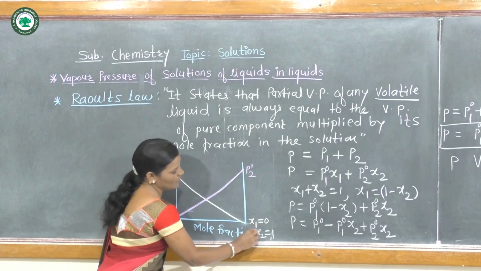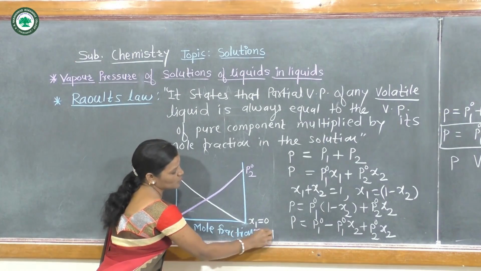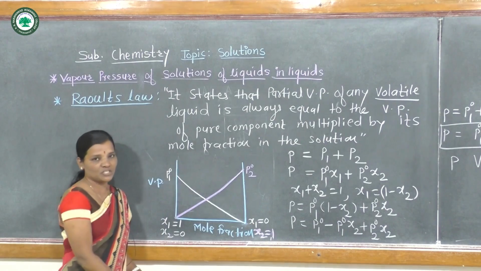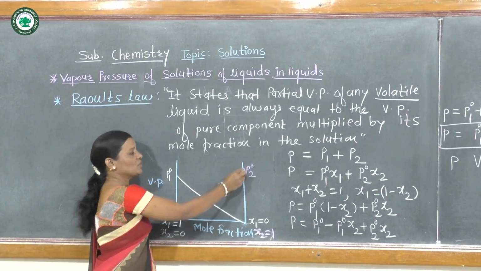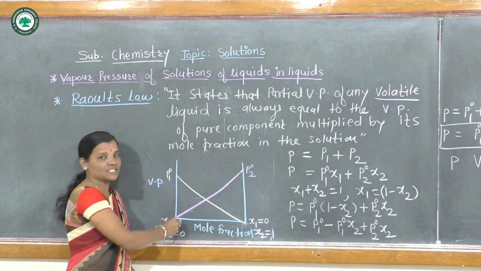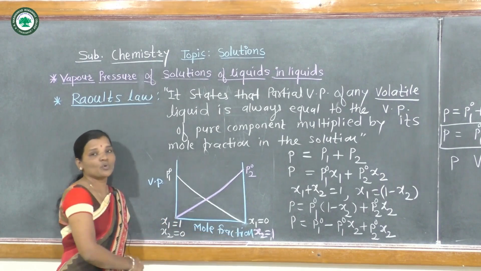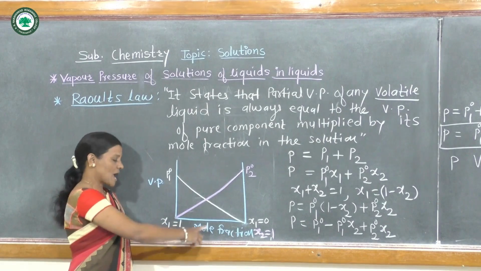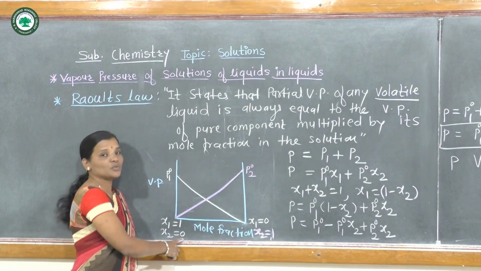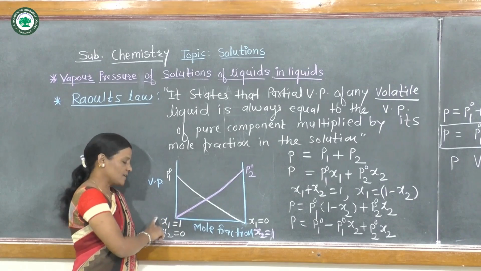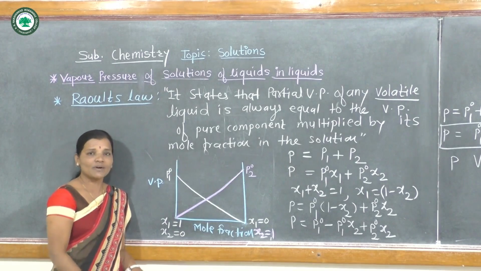At that time the value of x2, its mole fraction, is 1. Now the vapor pressure of the A2 component decreases and goes to the 0 value. That means its mole fraction should be 0. And so x2 is equal to 0 we will get, and at that time x1 is equal to 1.